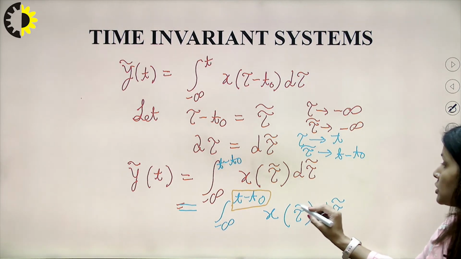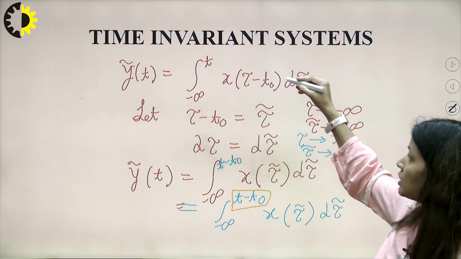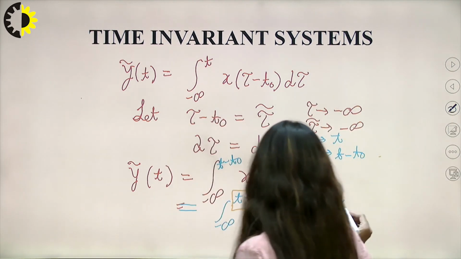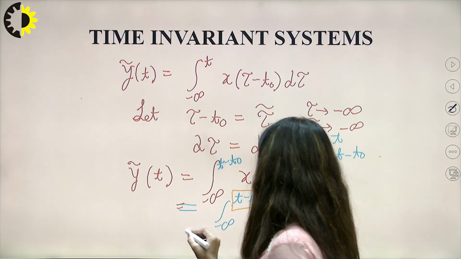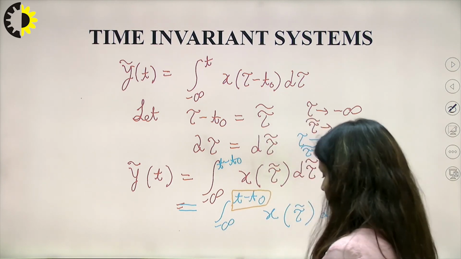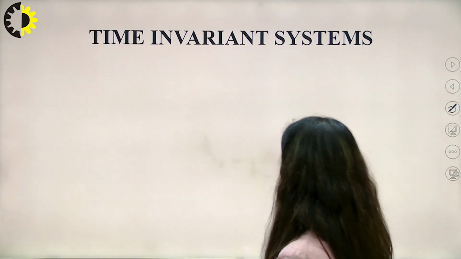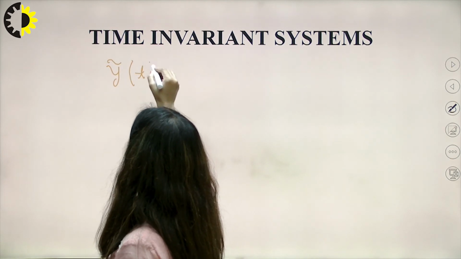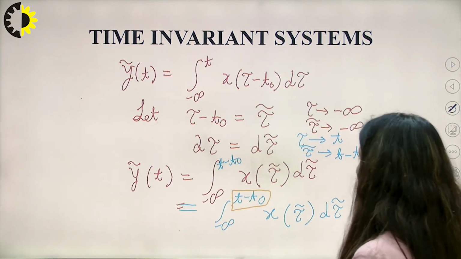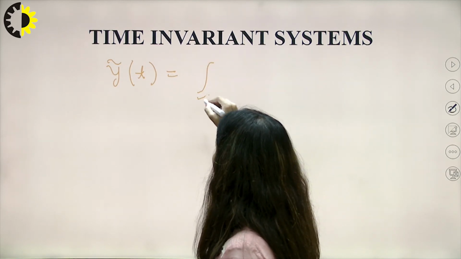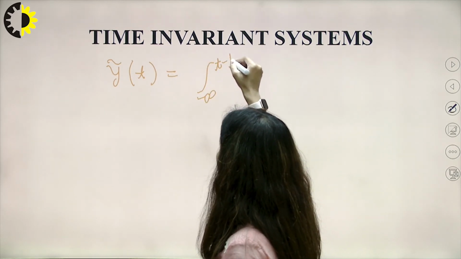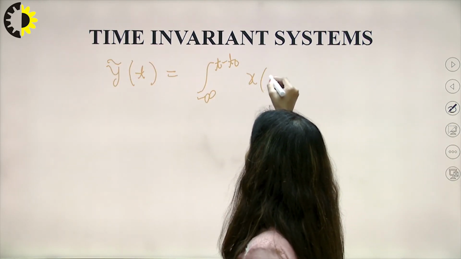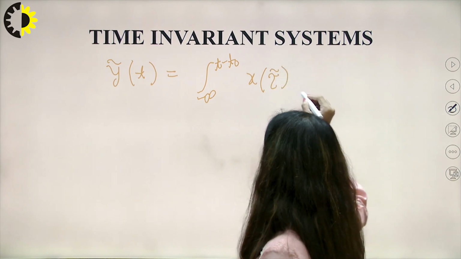So, x(tau bar) is nothing but x(tau minus t naught), and d tau is equal to d tau bar, and hence I can rewrite y bar(t) as the integral from minus infinity to t minus t naught of x(tau bar) d tau bar.